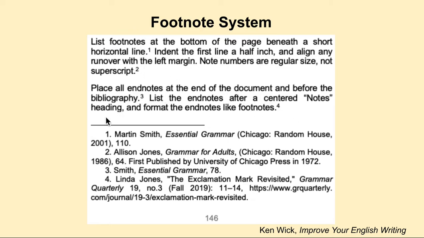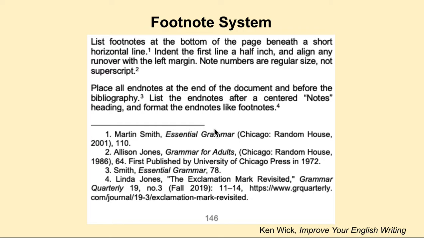At the bottom of the page, you have a short horizontal line, and then all the footnotes. Notice how in footnote number 1, the first line is indented half an inch, and if any text runs over to the next line, it goes to the left margin. Notice how while we use a superscript number in the text, the numbers in the footnotes are not superscript; they're normal height.